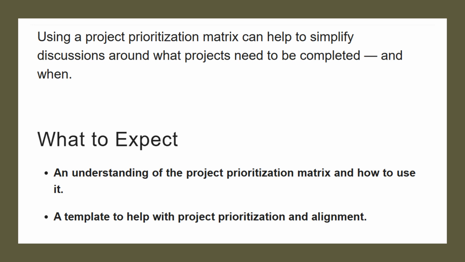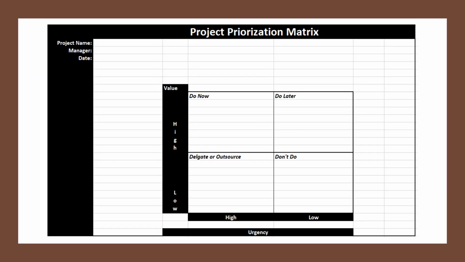What you can expect from this video is an understanding of the project prioritization matrix and how to use it, and a template to help with prioritization and alignment. So this is the project prioritization matrix template we're talking about. It's a very simple matrix.